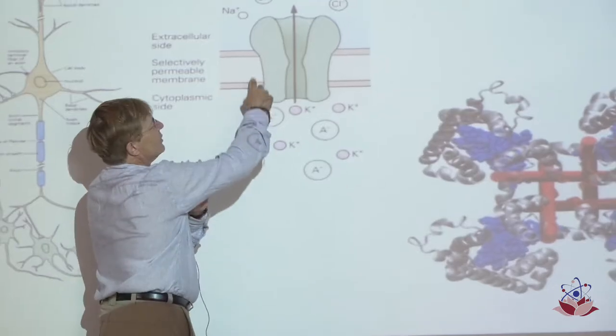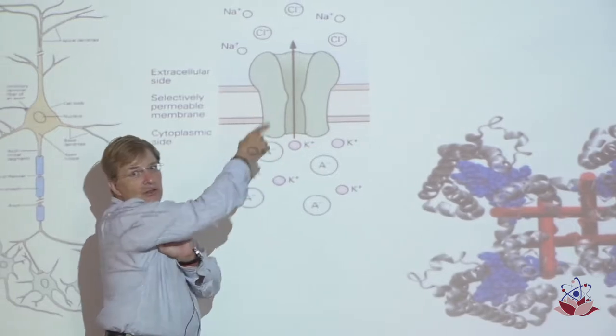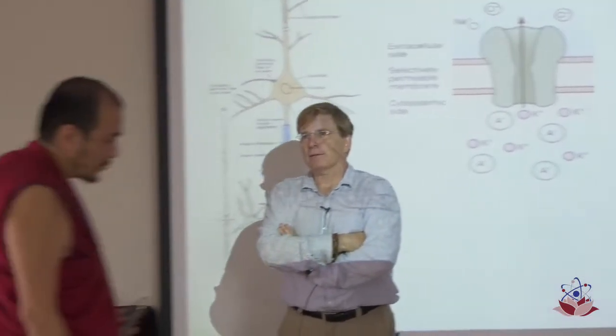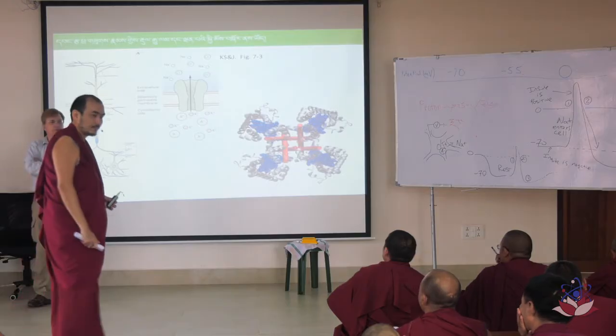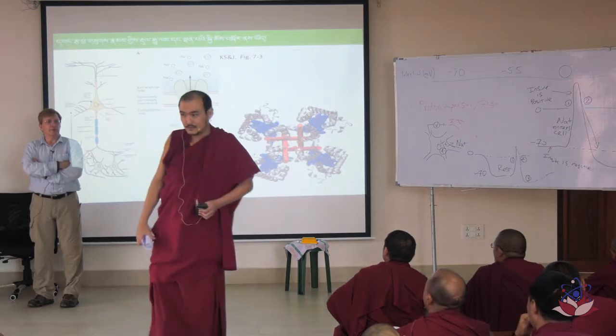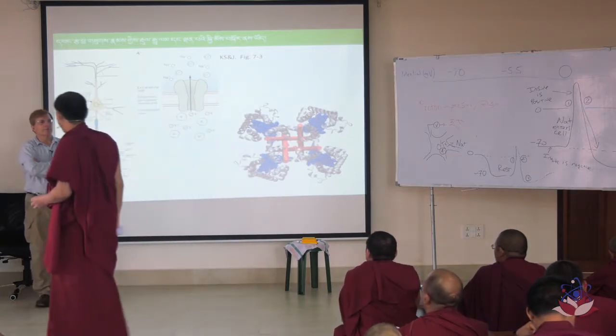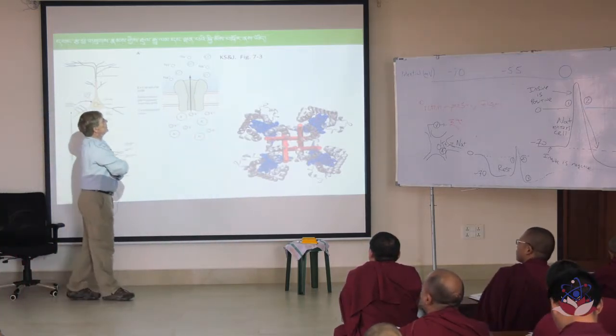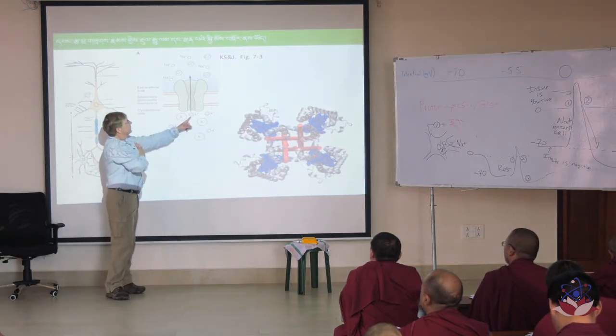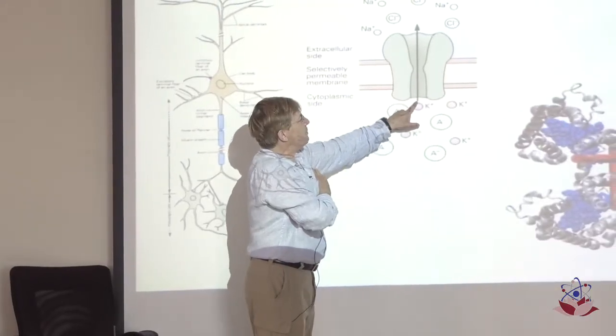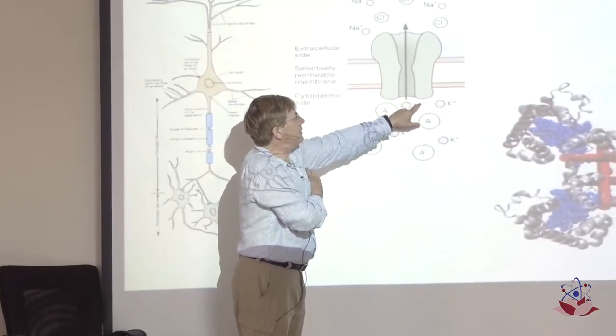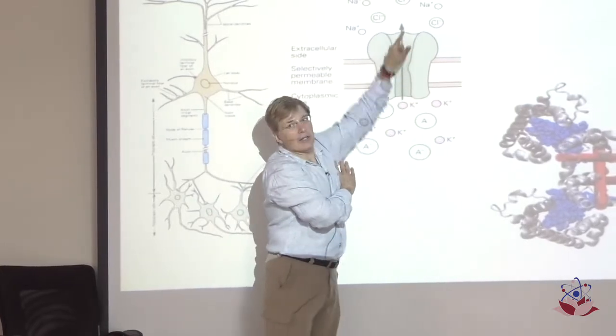What ion does this channel allow to pass? Sodium, potassium, sodium, potassium. Some say sodium, some say potassium. This drawing has a potassium ion, K, going out of the channel.